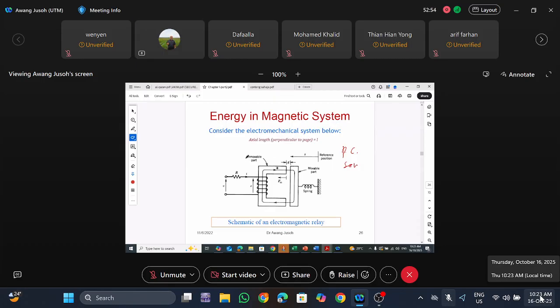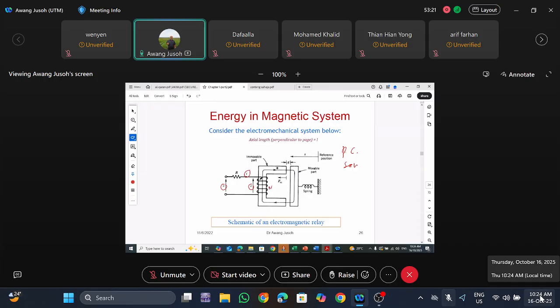Here we have an immovable, stationary part where we inject the current. The coil has R representing the losses for the electrical system. This is the source voltage, this is the induced voltage, and this is the current flowing in the coil. Then you have flux because you have N turns.